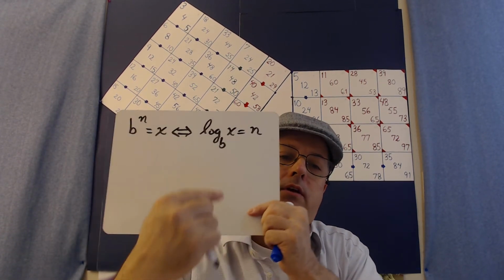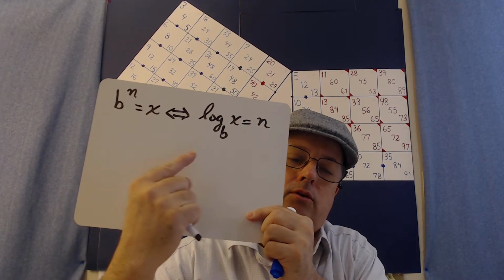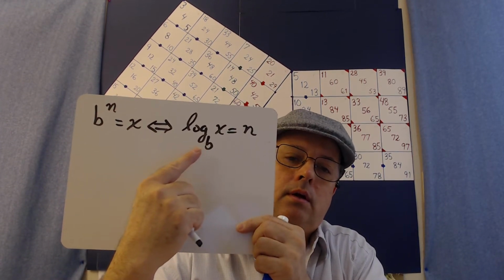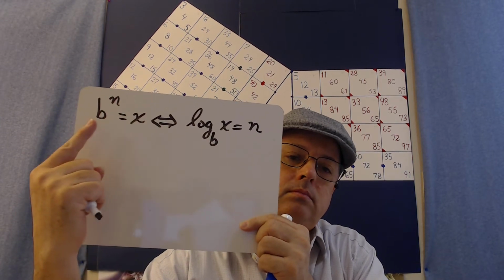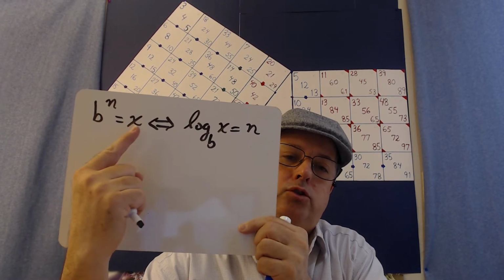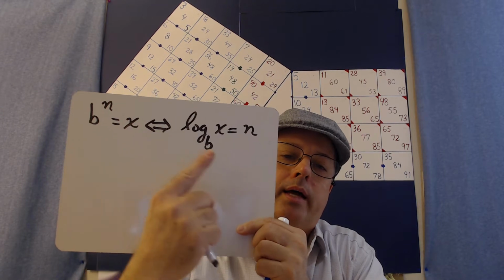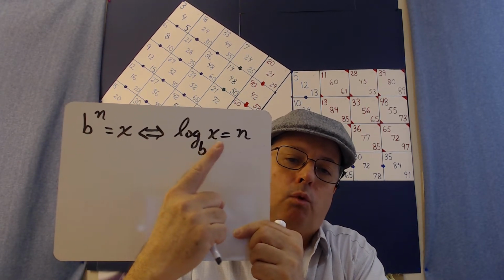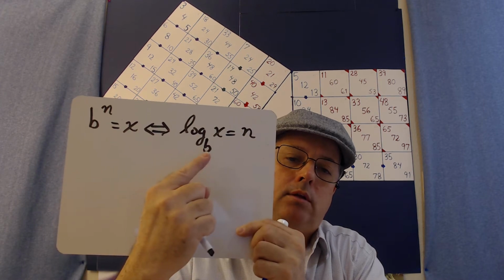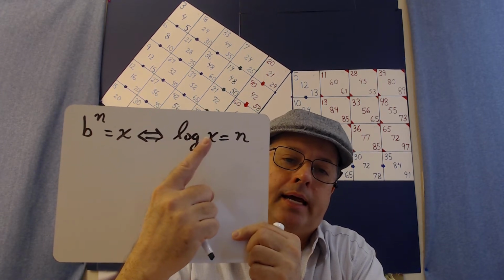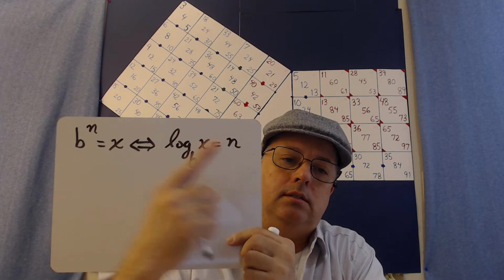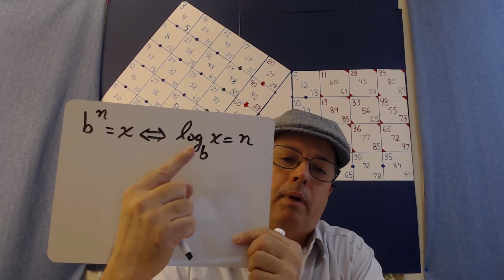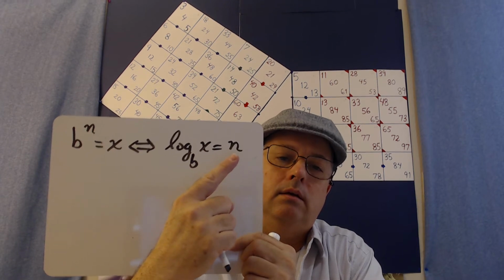This is our definition of logarithms that we presented in earlier episodes. This is the exponential expression that implies the logarithmic expression. And the logarithm is asking, what is the power that makes b become x? Since it's the n power that makes b become x, the log base b of x is n.